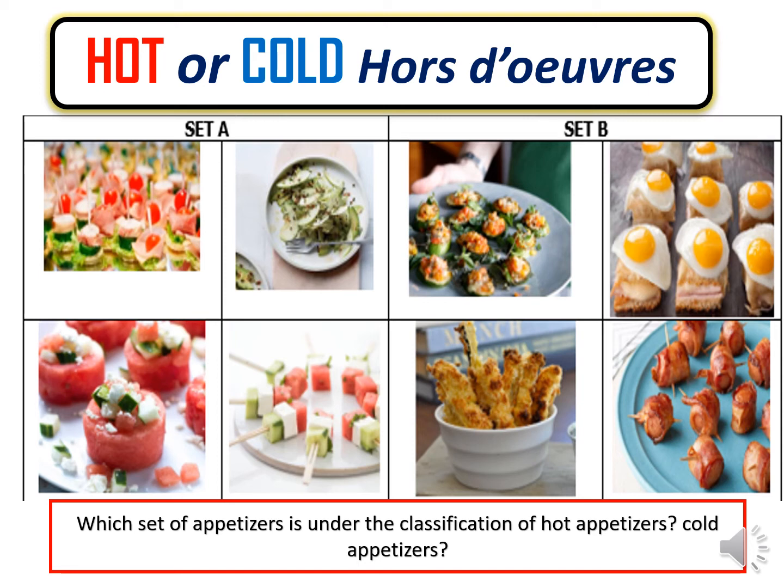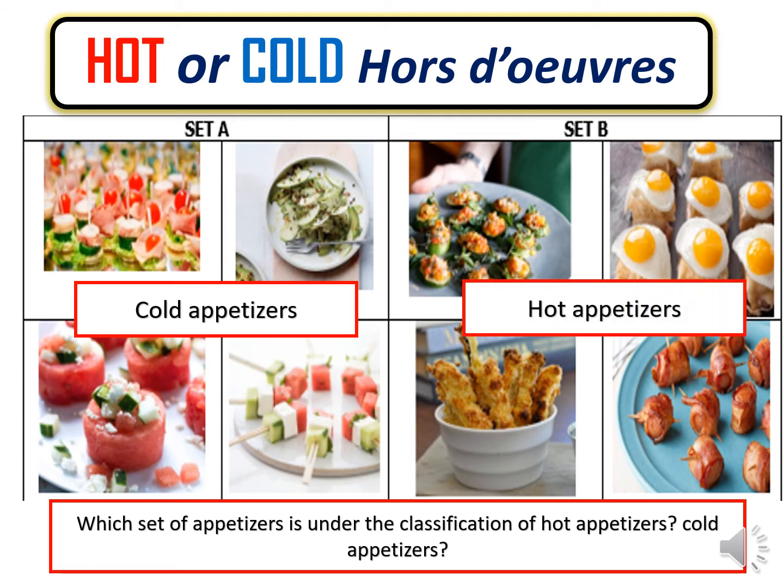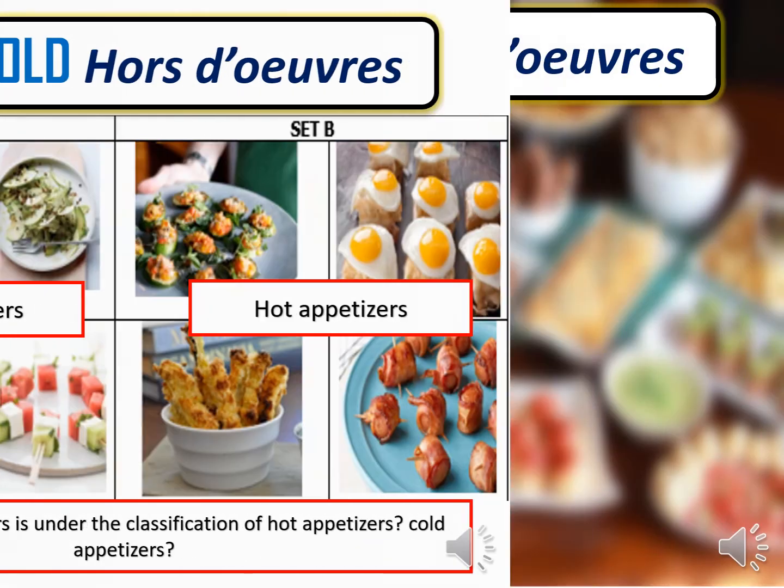And let us now check if your answers are correct. Set A is under cold appetizers, and set B are the different hot appetizers. So they vary depending on the serving temperature. If it is served hot, then it is a hot appetizer. If it is served cold, then it is a cold appetizer.